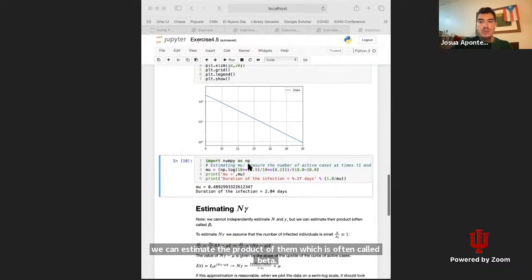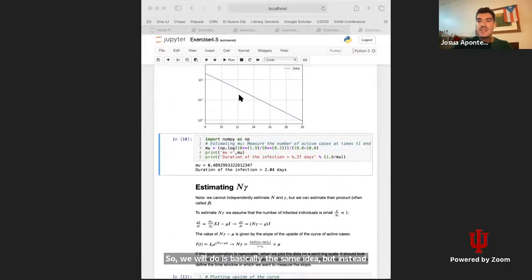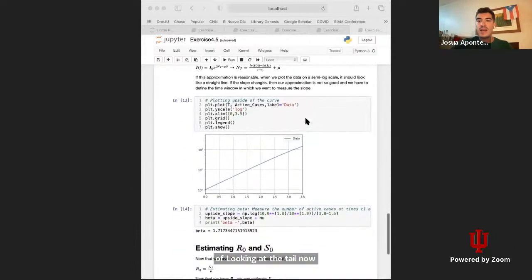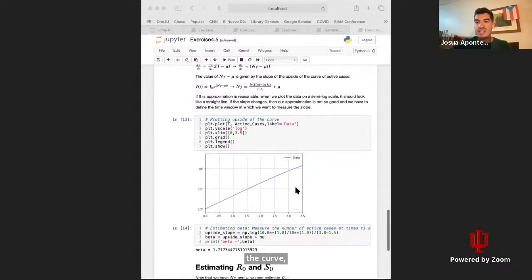So what we will do is basically the same idea, but instead of looking at the tail, now we look at the beginning of the curve, which I do by plotting from day 0 to day 3.5.